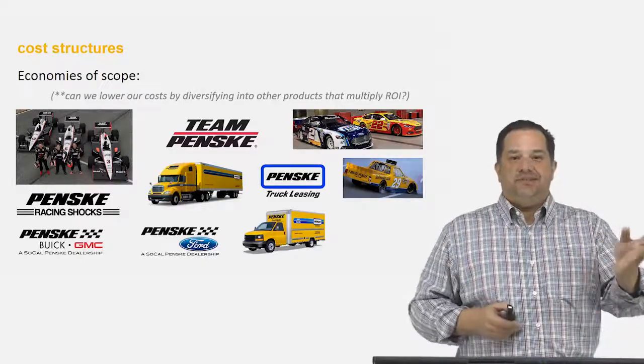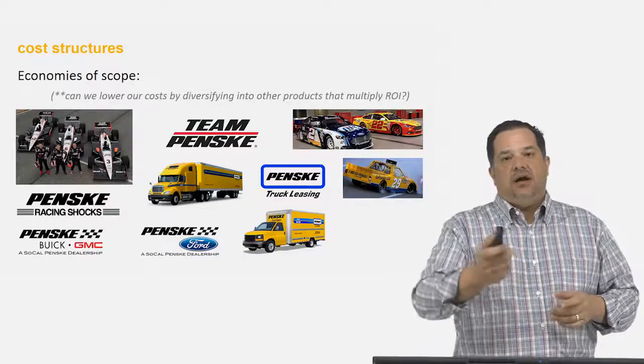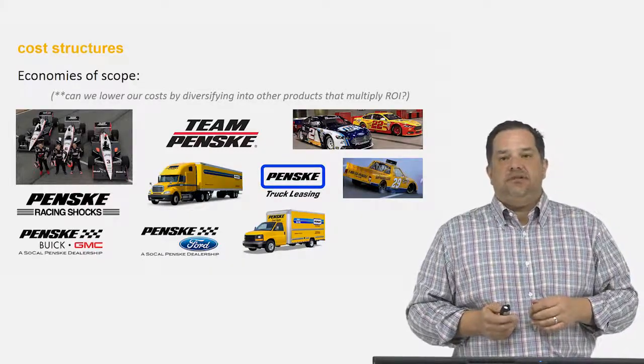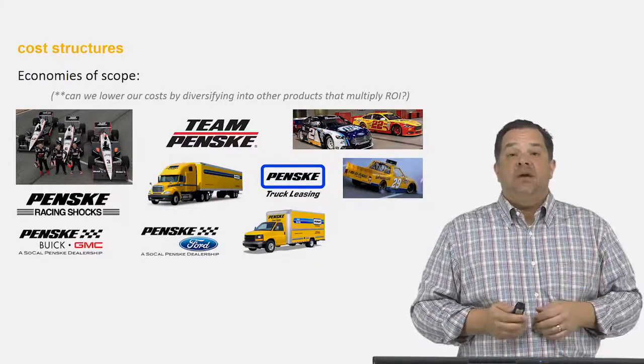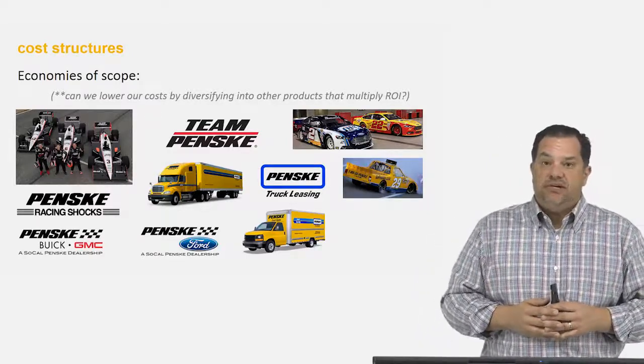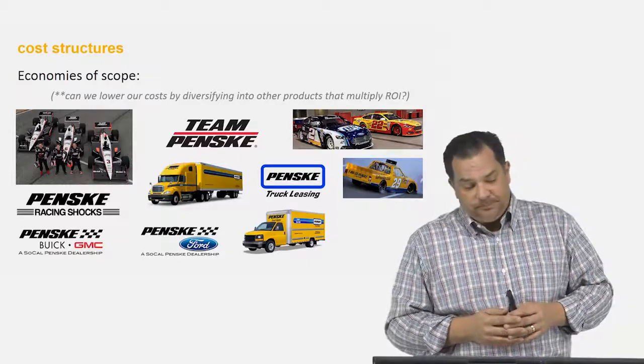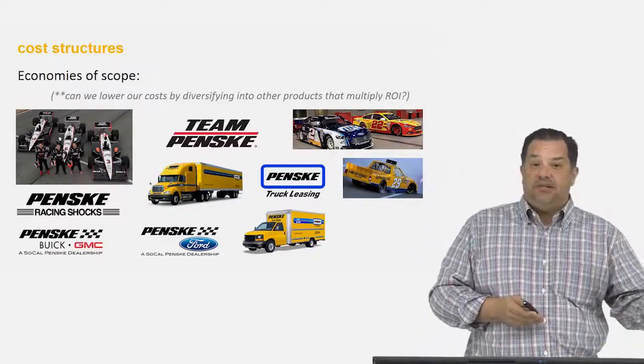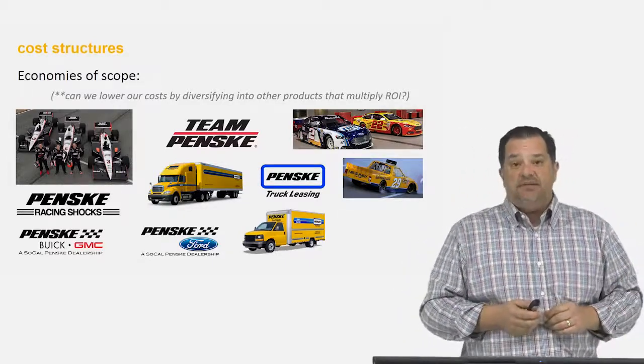Even though this isn't the race team we're actually talking about, I love talking about Team Penske because of their economies of scope. Not only do they have 2 cars on the NASCAR circuit, which you see up there in the top right, but they also have an IndyCar team where they have 3 cars on the top left.